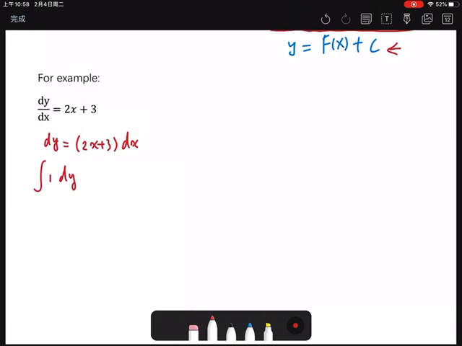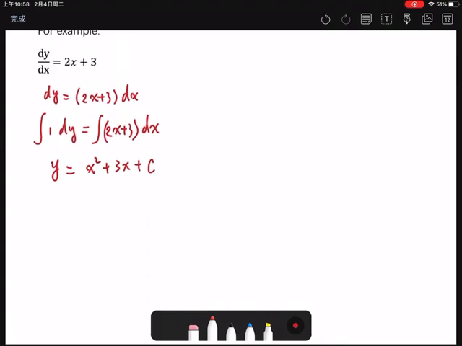So the left hand side is we integrate 1 with respect to unknown y. And the right hand side is we integrate 2x plus 3, and don't forget the bracket, and then dx. So left hand side is y, and the right hand side will be x squared plus 3x and then plus constant c.